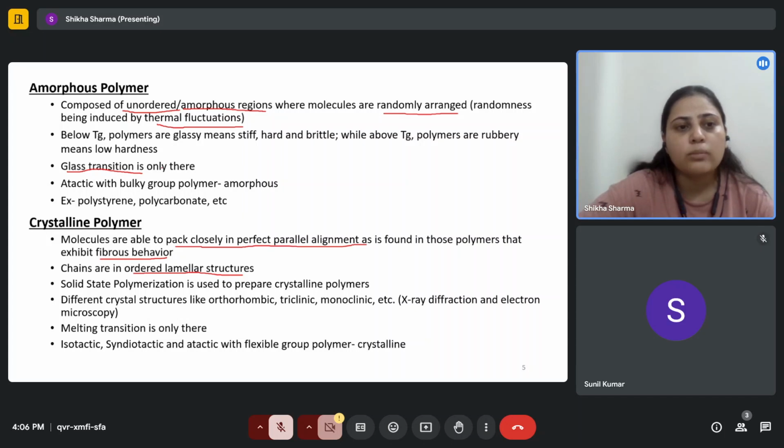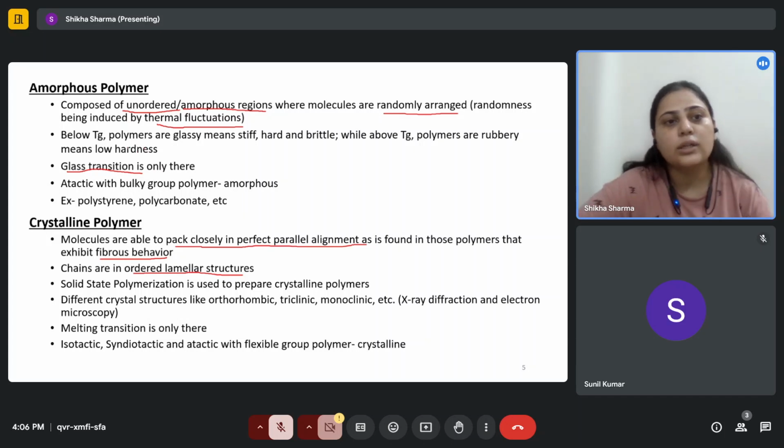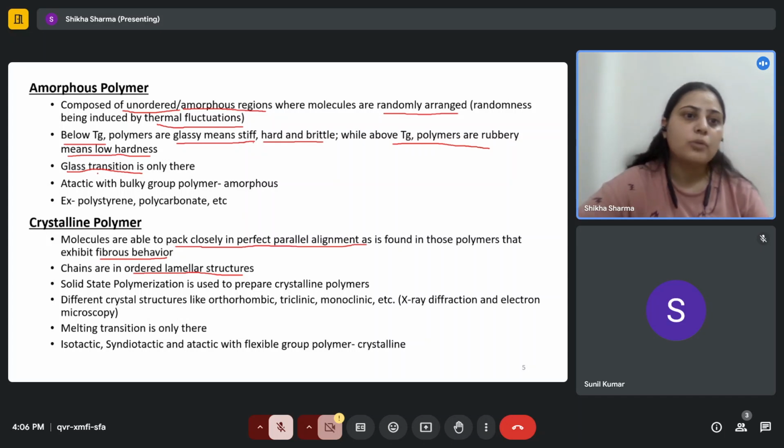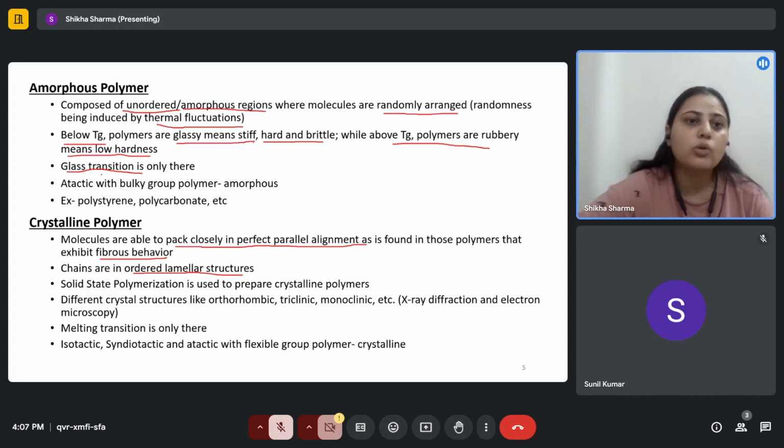The amorphous polymers are in the glassy state below the glass transition temperature, Tg, which is stiff, hard, and brittle. While above the glass transition temperature, polymers are in the rubbery state, which means it has low hardness. So there is the concept of glass transition in the amorphous polymer, not in the crystalline polymer.